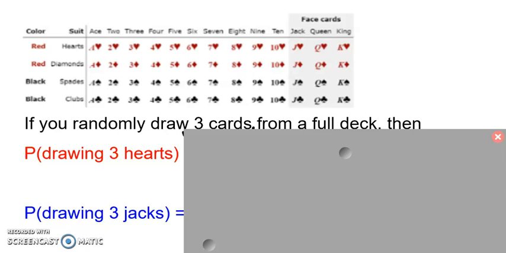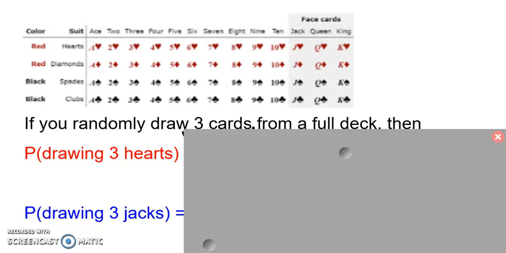If we're randomly drawing 3 cards, we've got a few different situations. The first one being we are drawing 3 different hearts. Now, all of our other examples was just drawing 1 card, rolling 1 die, or if there were 2 different events happening, it was a combination. So what's the sum of 2 dice, or what's the combination of spinning 2 spinners?